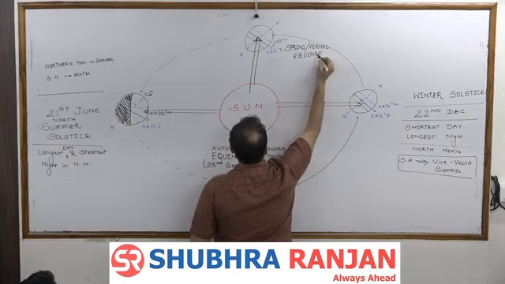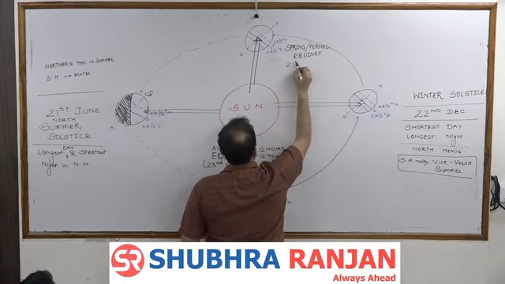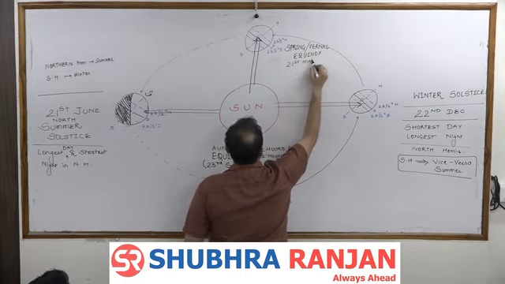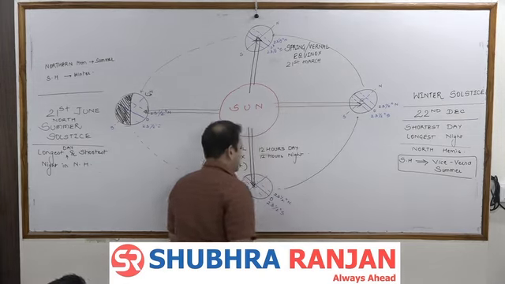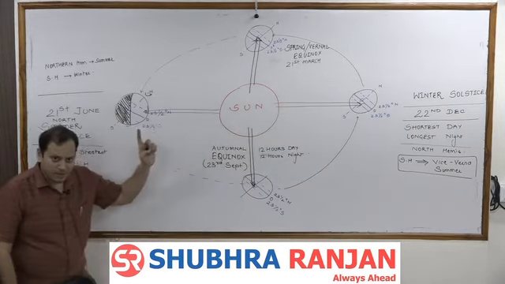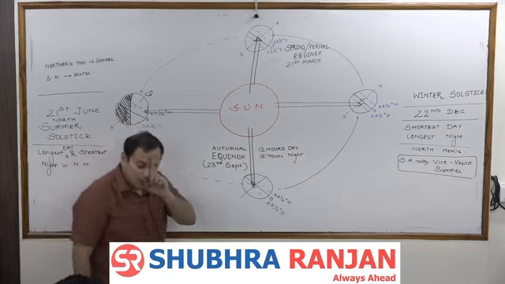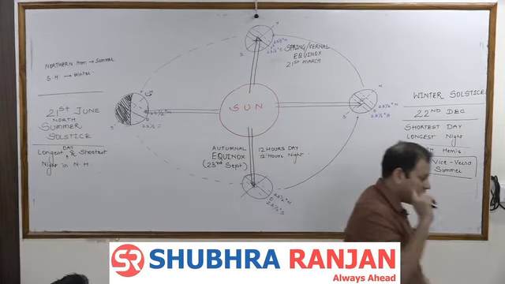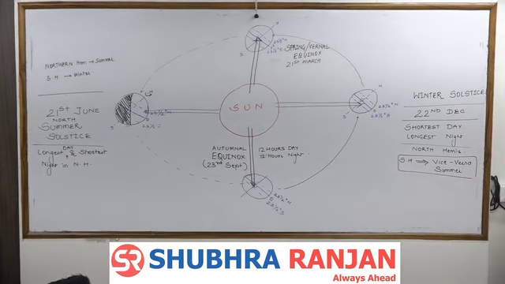Can someone tell me when it occurs? 21st of March. Again equal day and equal nights. So except for 21st March and 23rd September, South Pole and North Pole will be either having daytime or night time.